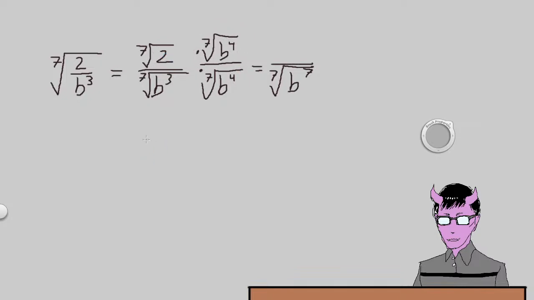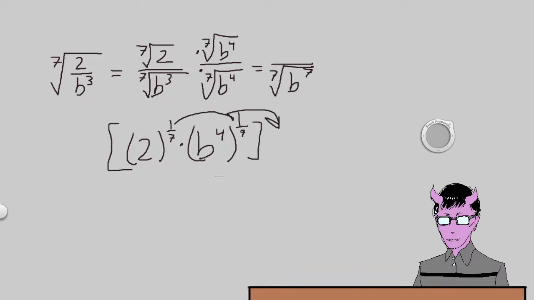Again, that also comes from factoring exponents. So you have 2 to the power of root 7, and then b 4 to the power of root 7. You could factor out the exponent to get this, which translates into this.